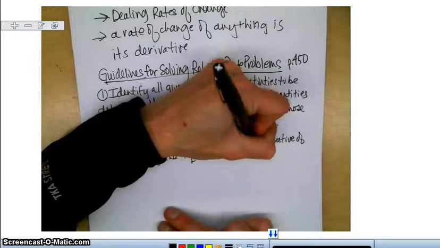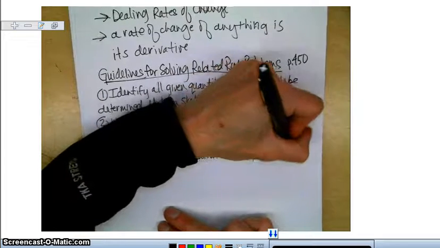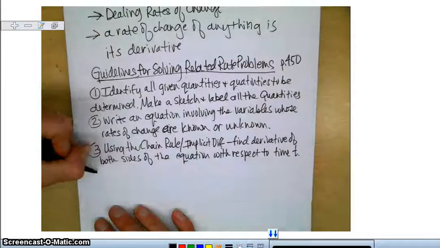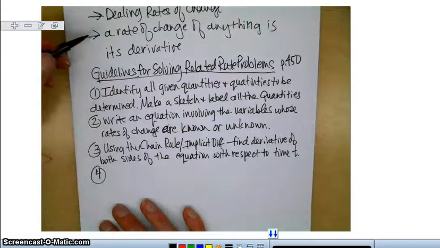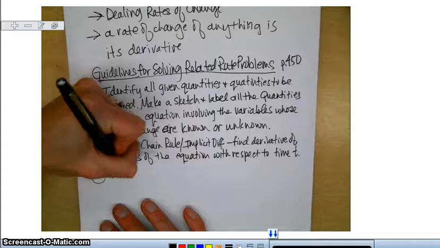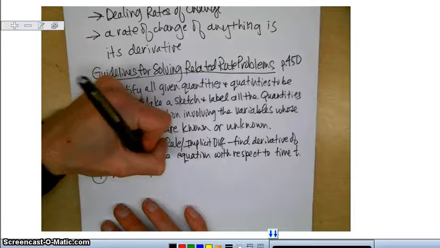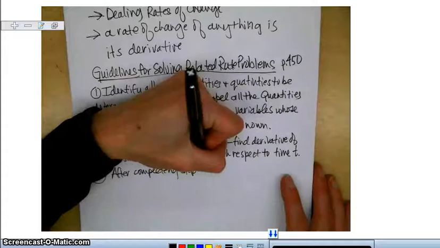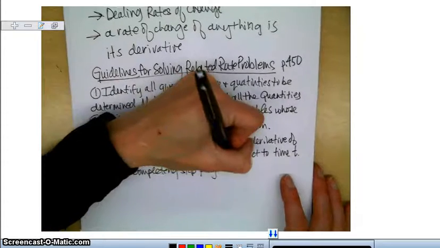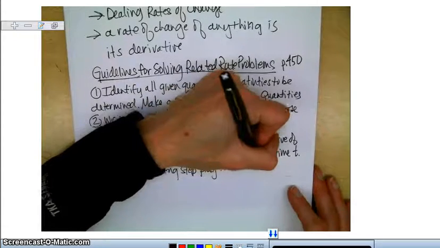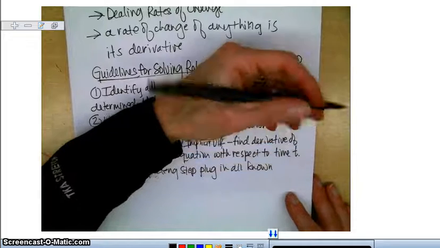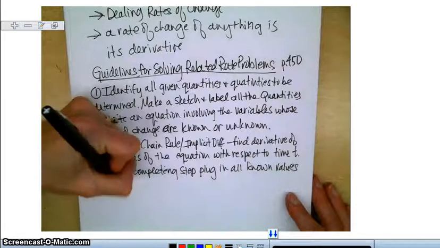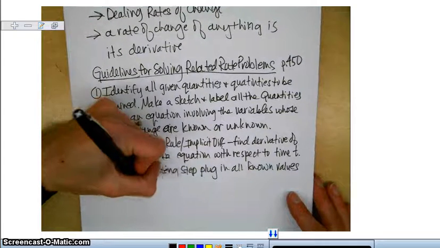What letter do you suppose we're going to give time? T. Okay. And for the last step, after completing step 3, plug in all known quantities, all known values, and solve for the unknown.